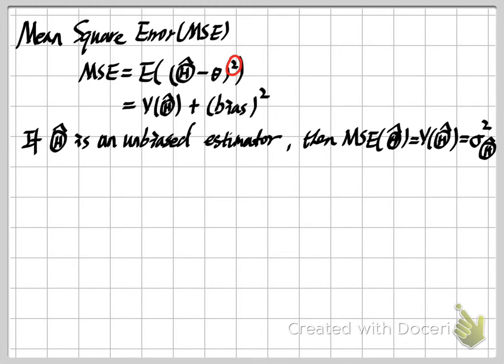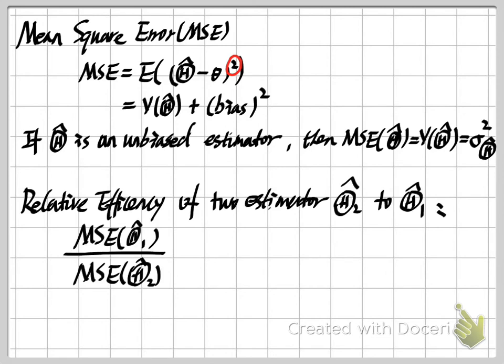But if both of them are biased and neither is the minimum variance one, we still want to compare them. So we compute the efficiency of these two estimators, which is computed by the ratio of two MSEs.